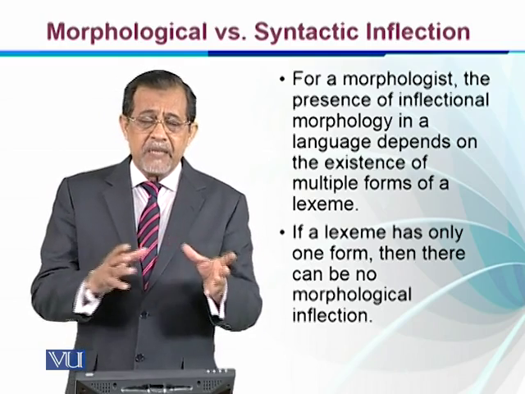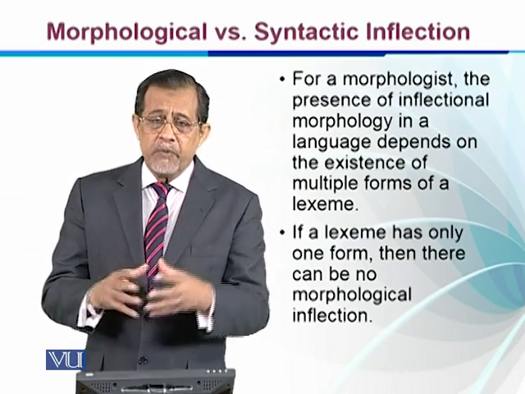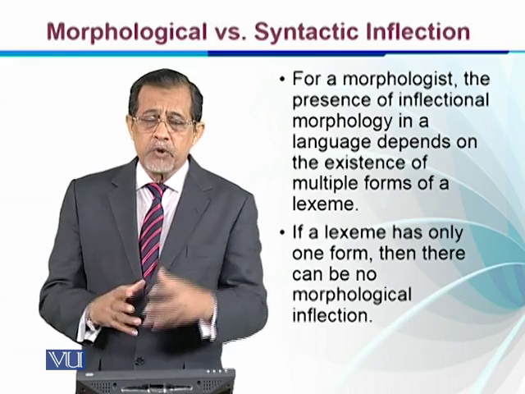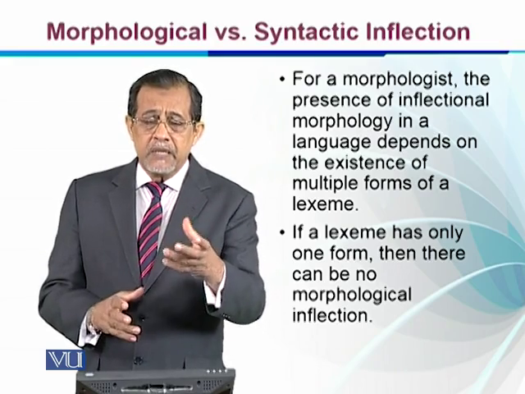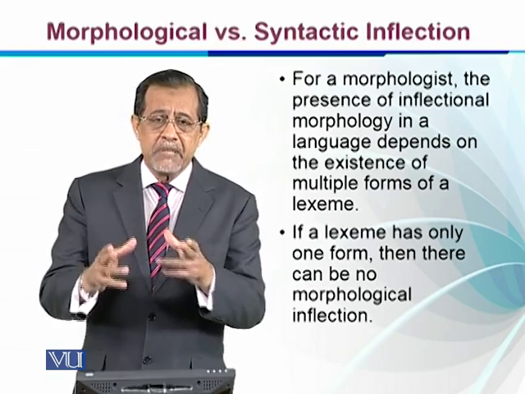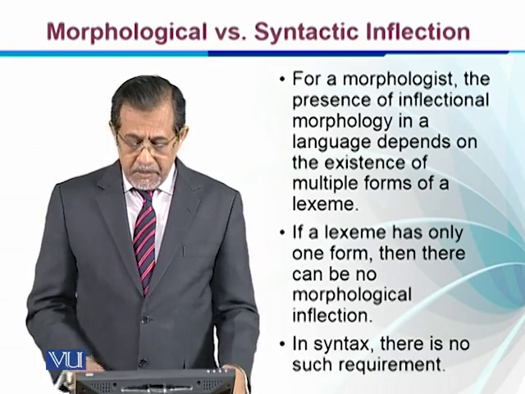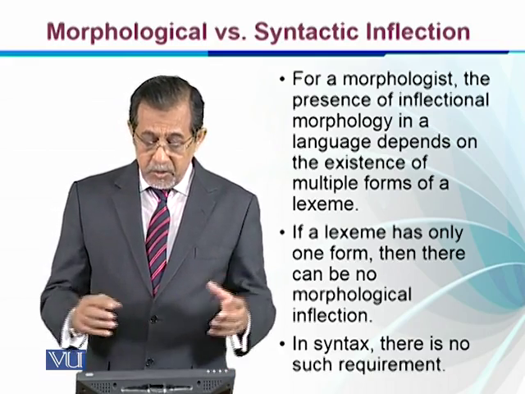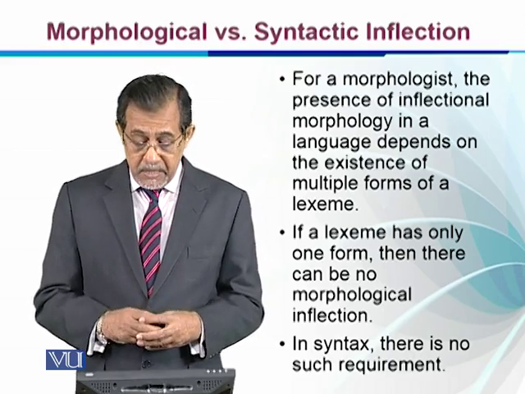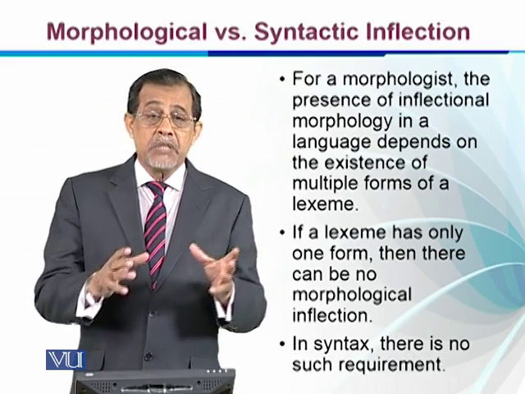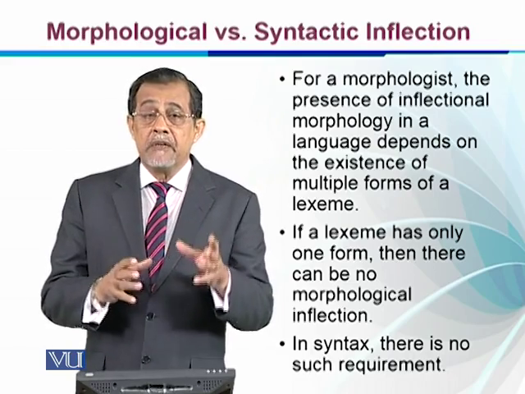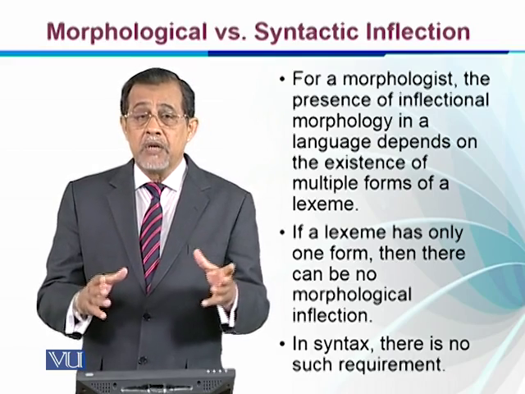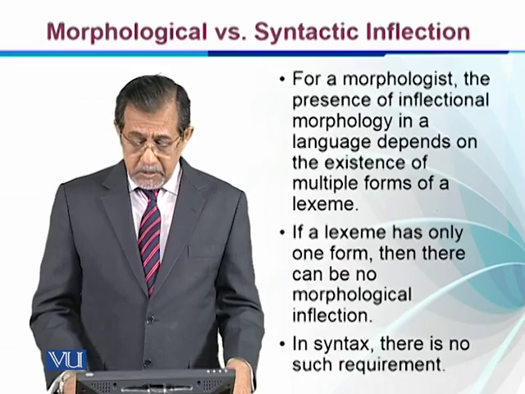Then it has to agree with certain other components of the language in syntax. So, what happens in that case? In syntax, there is no such requirement, right? There is no such requirement whether there are inflections or there are no inflections.